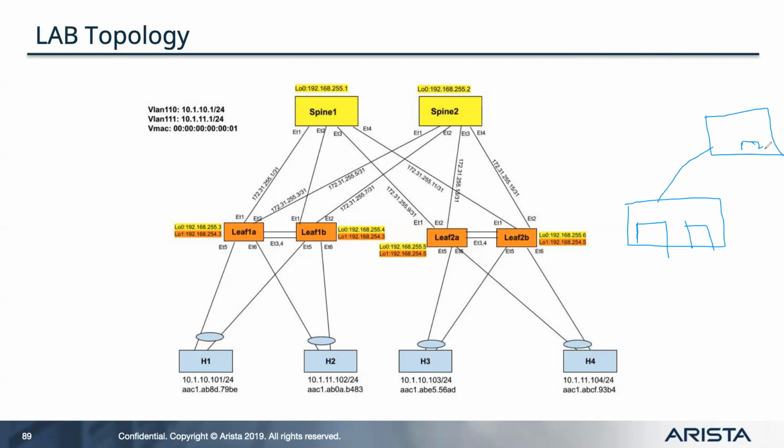There is no VRF on the spine. So whatever routes come from here and here, you convert into VPNv4 routes, add the RD and also the RT, route target. The RD and RT will help you identify that VRF, especially the RT.